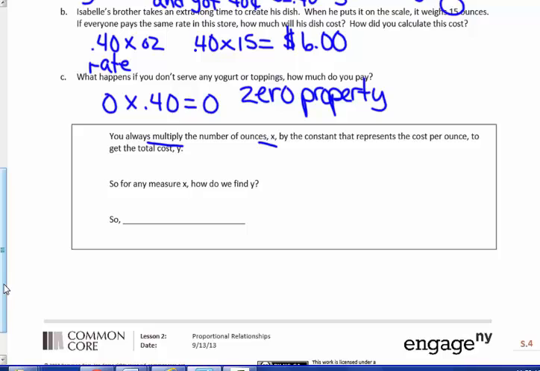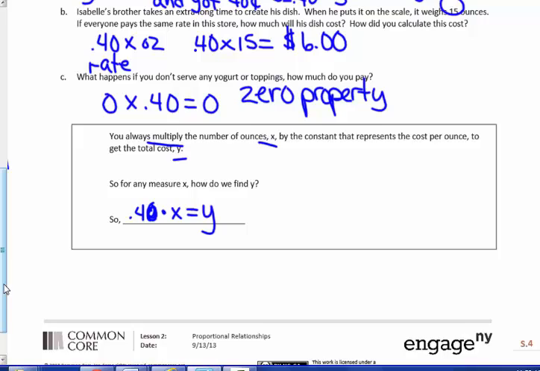So X they're calling the ounces, and Y is the cost. So we did 40 cents times the ounces, which is called X. I'm not going to use that times symbol because they have an X here. 40 cents times the X equals the Y, the cost. 40 cents per ounce times how many ounces you buy equals the cost that you have to pay.